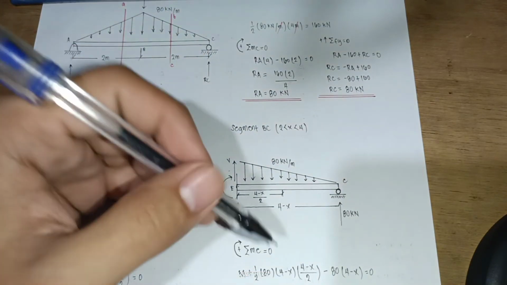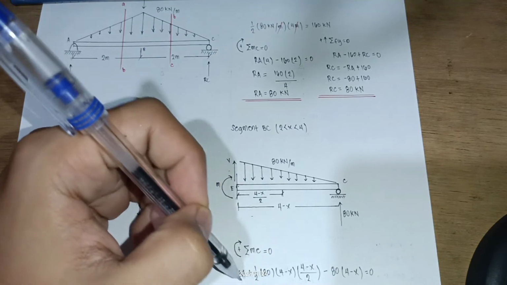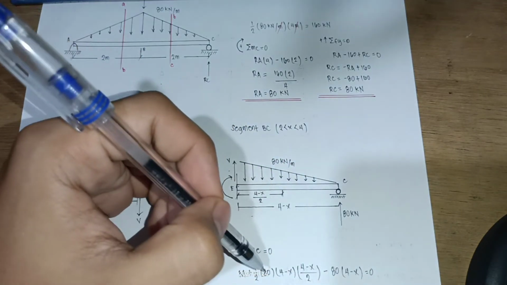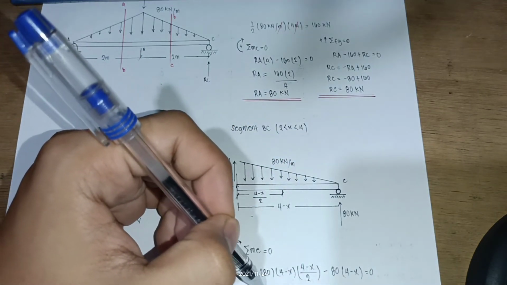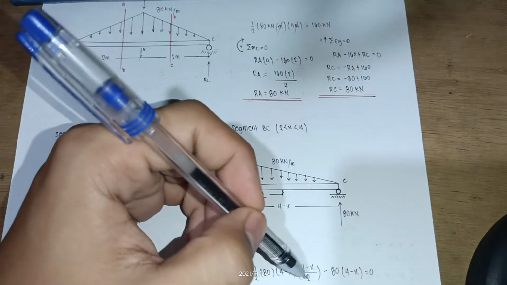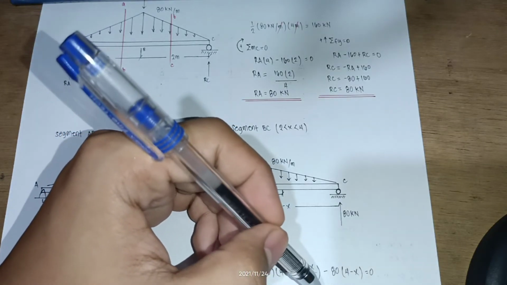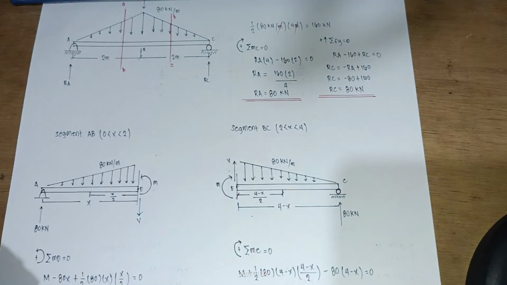Then M is equal to negative 1/2, transposing to the other side, 1/2 times 80 times 4 minus x times 4 minus x over 2 plus 80 times 4 minus x.